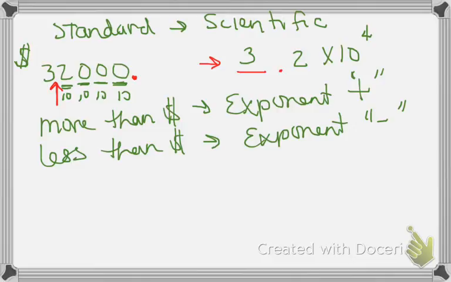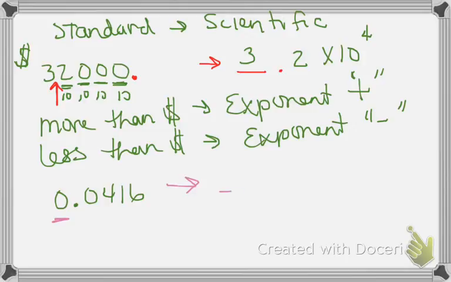But let's say that I have another one here. Does it look like it's more than $1 or less than $1? If you look at the first decimal place here, you can tell that it really is less than $1. And so because of that, we know our exponent's negative. But the process still works the same.